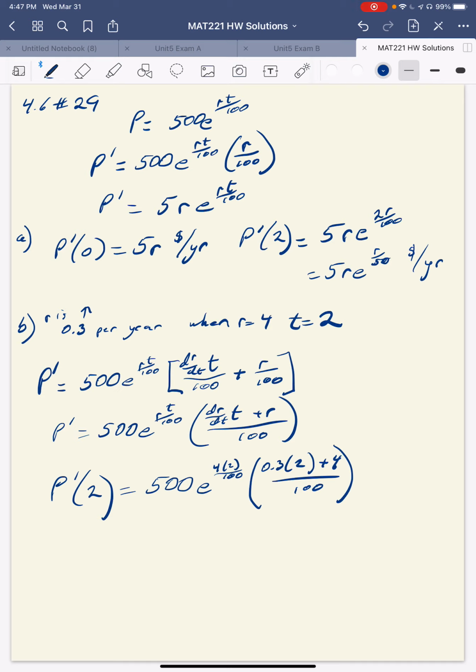And you can just plug that straight into your calculator in decimals. Make sure you have the parentheses in the right place. And you find out that the derivative at 2 is $24.92 per year at 2 years when R is 4 and R is increasing by 0.3 per year.